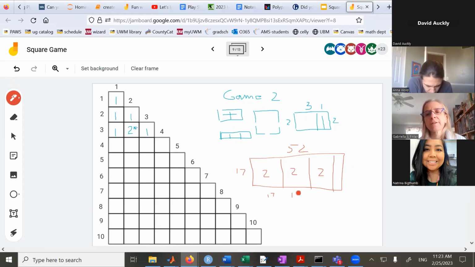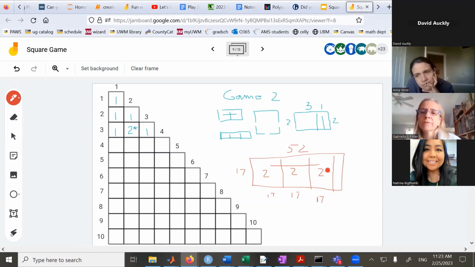So as the first step here, player 2 will need to draw in all of the 17 by 17 squares that they can. So this will just be one step, drawing in all of them. And now it's player 1's turn. It's 17 height and only one length left.